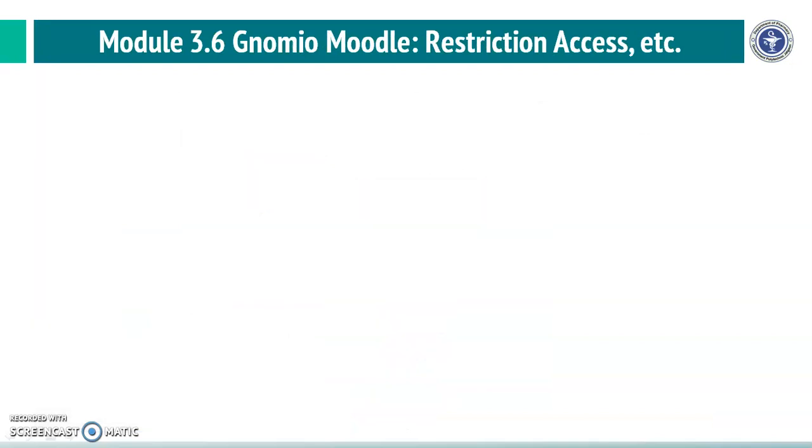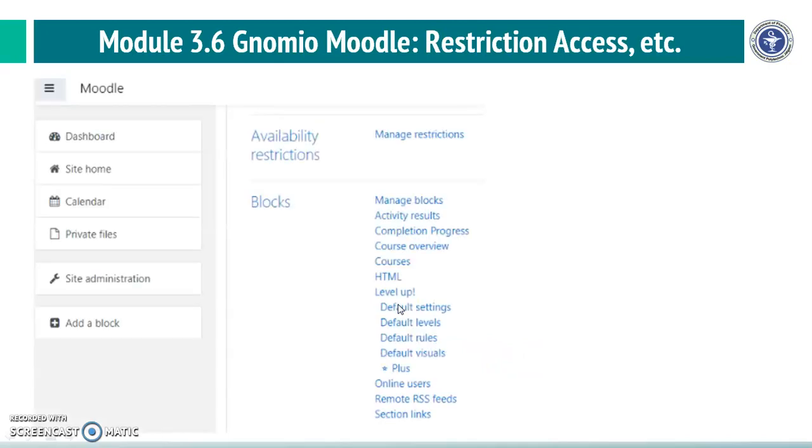Sometimes we require that students should complete the first module, and then only they can access the second module. In such cases, we need to restrict their access, and that facility is available in Genomio Moodle, and that we have seen in module 3.6, how to restrict the access.